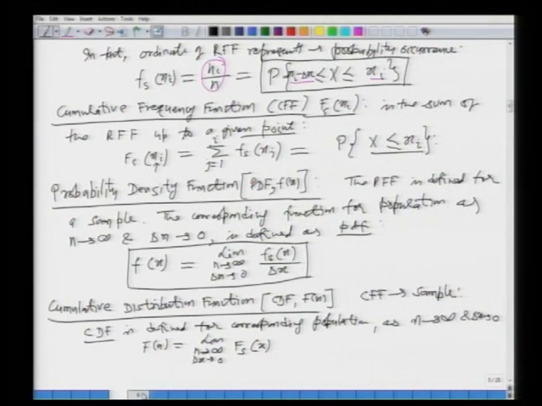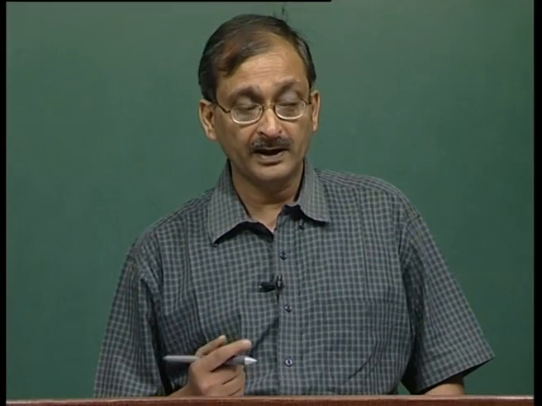So, what is the relationship between the two? Well, let me go to the next page and say that your PDF is nothing but the derivative of your CDF with respect to x. And also, what does this represent? This represents P(X less than or equal to x), the probability of a random variable having a value less than or equal to a particular value.